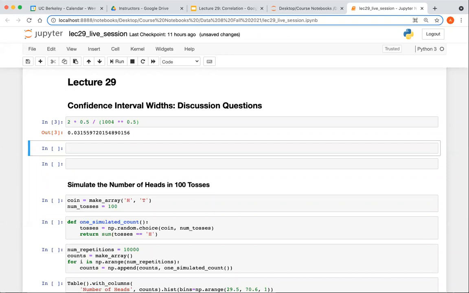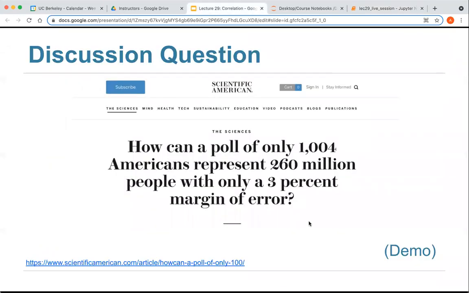And so what you're seeing is that though 1,004 is small relative to the population, in absolute terms, it's quite large. And that's the quantity that affects your accuracy, not so much the population size.